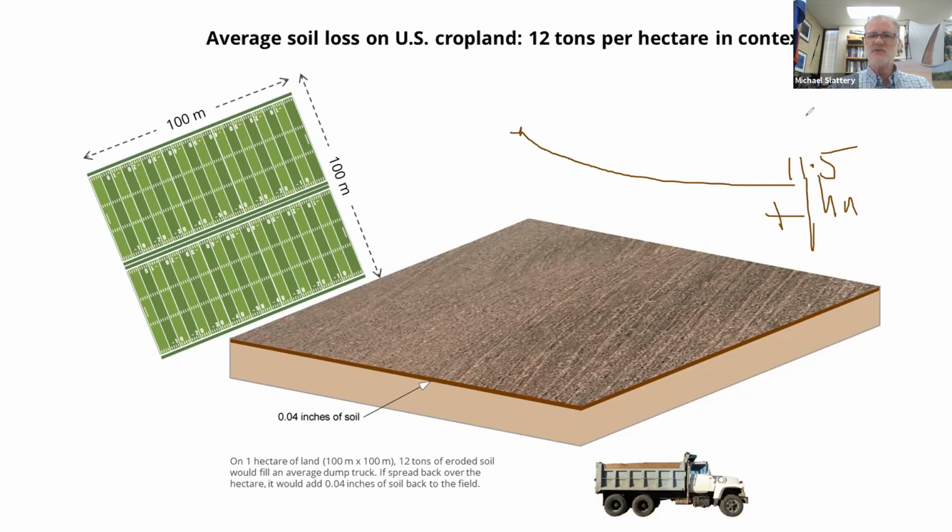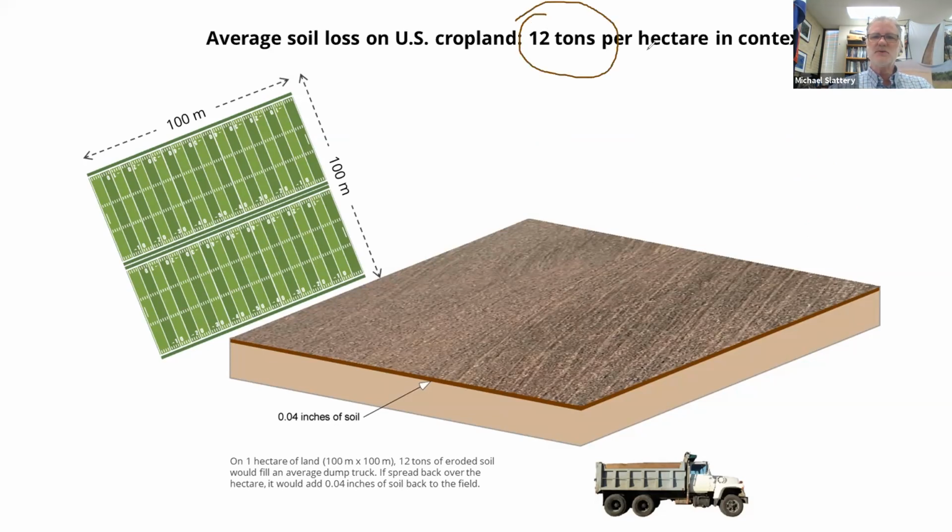That's the current average rate of erosion on US topsoil. So let's just round that up to 12, okay? Let's say 12 tons per hectare represents the current average rate of soil erosion in the US. And that's a number that would be good to remember, right? 12 tons per hectare per year. That's how much we're losing.